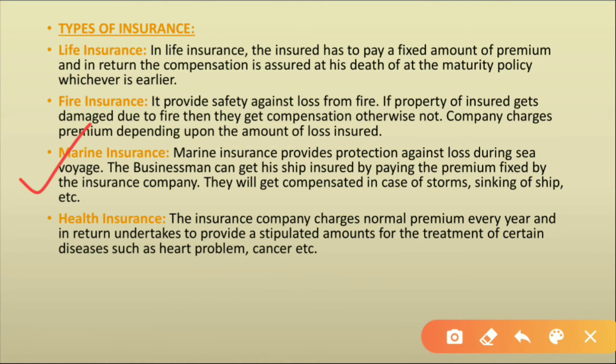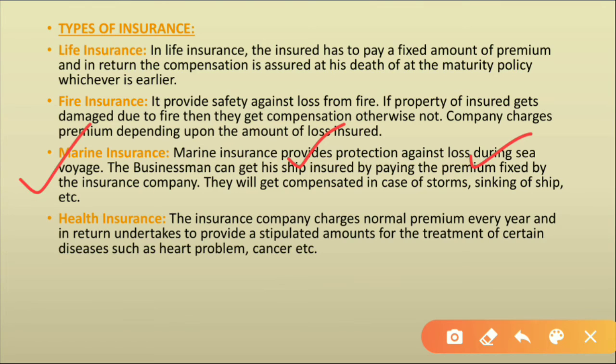Now, the next is marine insurance. See the explanation. Marine insurance provides protection against loss due to seawater. The businessman can get his ship insured by paying the premium fixed by the insurance company.